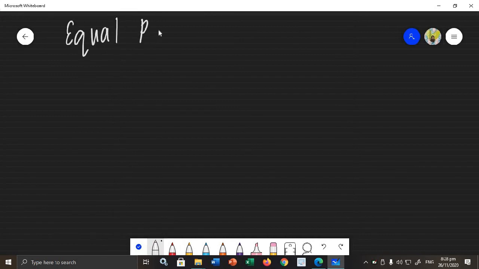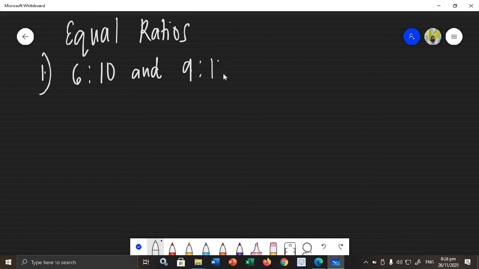So, kanina, we observed if the given ratios are equal, ratios in fraction notation. Ngayon naman, ang ratios na given, let's say, ay naka-colon notation. Okay, so let's say, I have 6 is to 10, and then 9 is to 15.